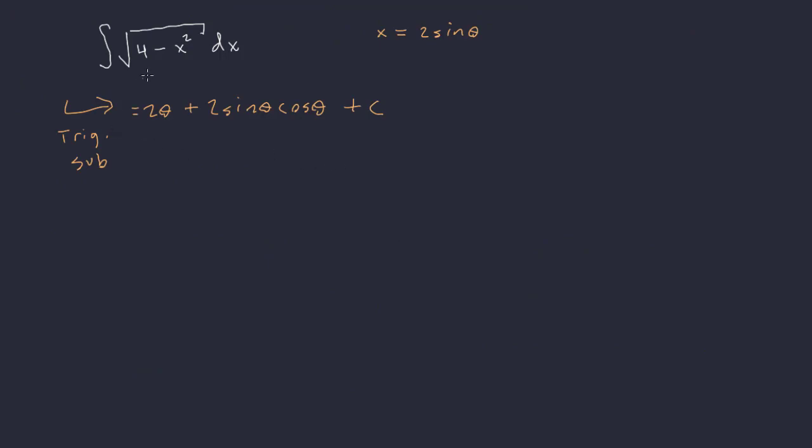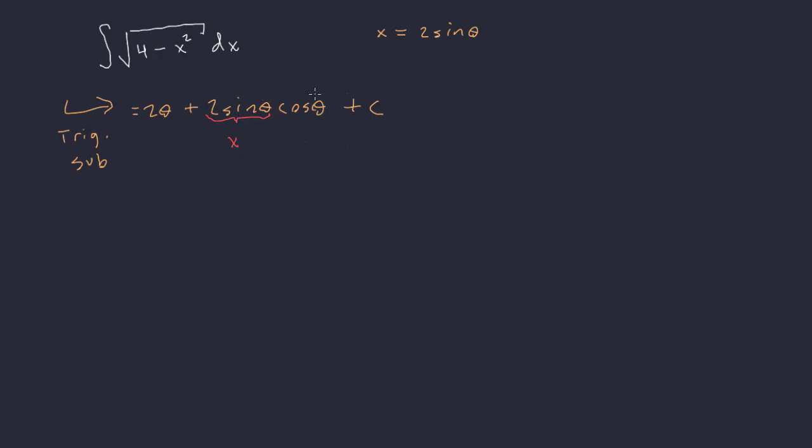Okay, so here we are. I've cleaned this up a little bit, and I have it down to just the stuff we need to talk about right now. So through the trig sub, we were able to get this answer down here, this 2 theta plus 2 sine theta cosine theta. So as we already discussed, the 2 sine theta, that's just our transformation. That's going to go right back to x.